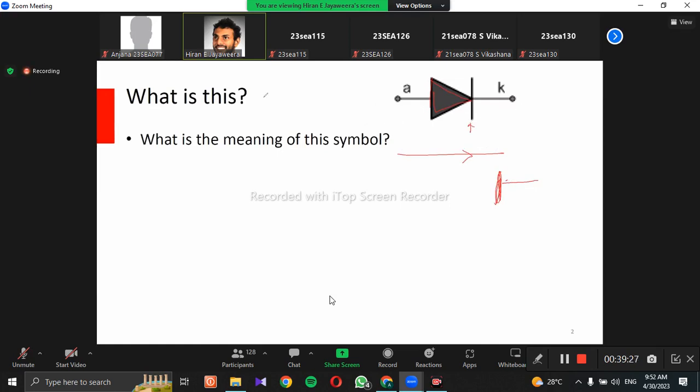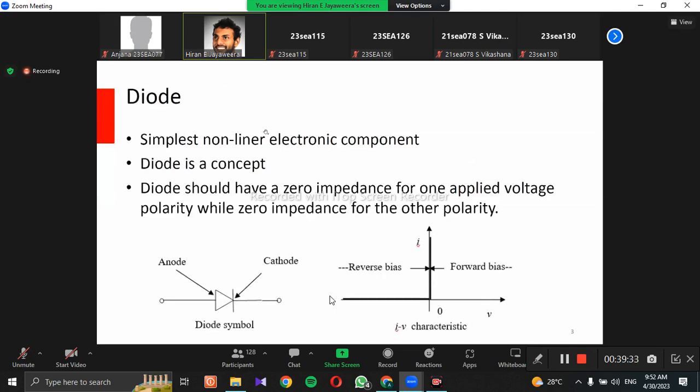So it's basically a non-return valve. It's a very simple concept. When you look at the VI characteristics of the ideal diode, the symbol looks like this. When it is forward bias, after 0 volts, it should conduct.